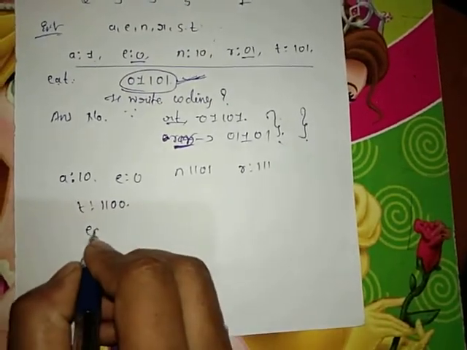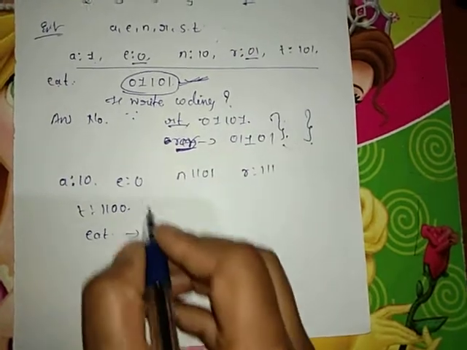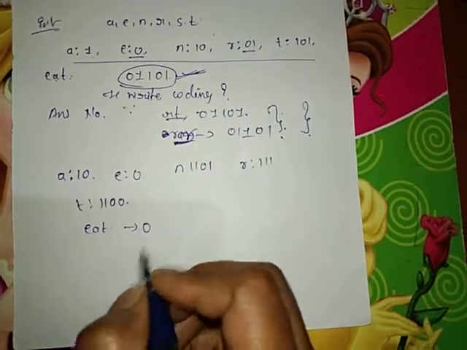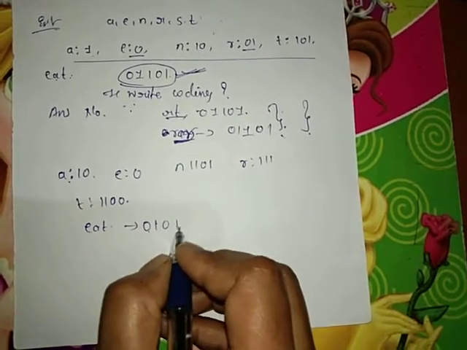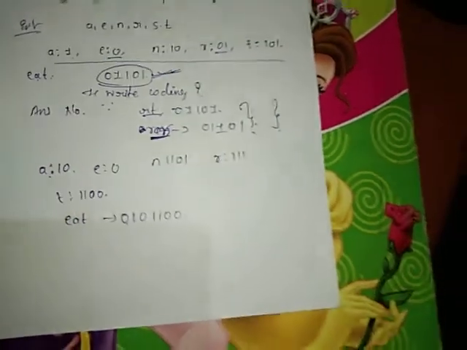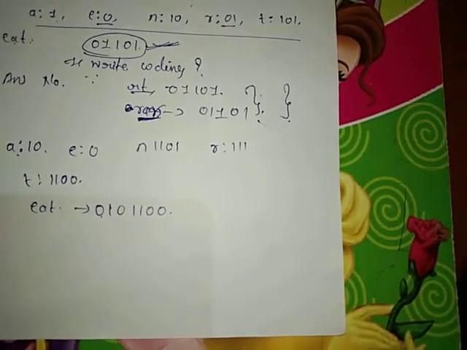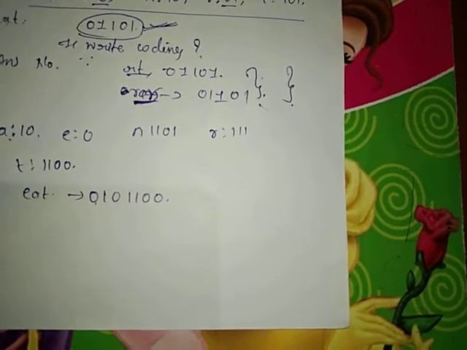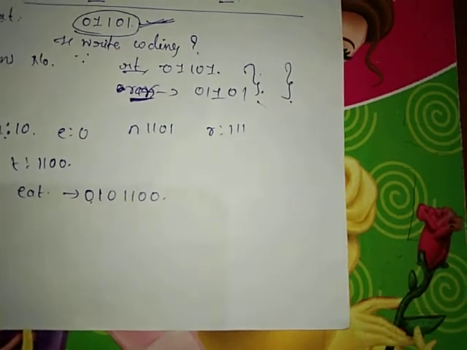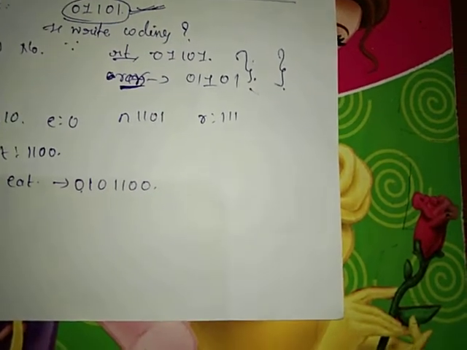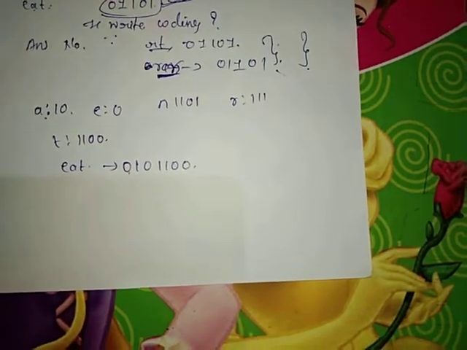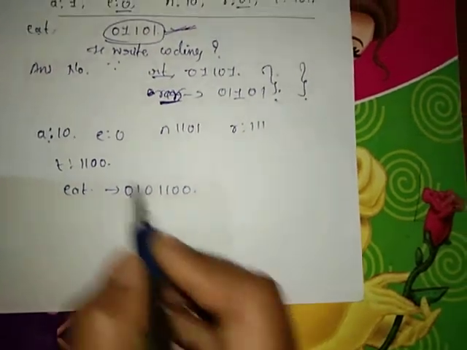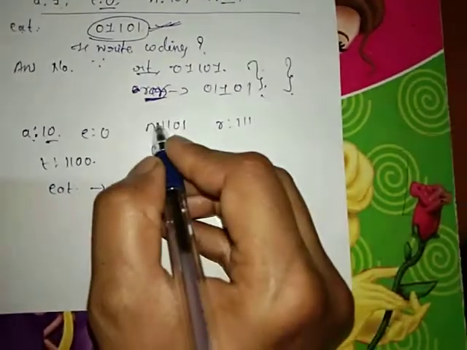Now form the word EAT: E has the sequence 0, A has the sequence 10, T has the sequence 1100. Now we can check that when this sequence is decoded, it yields only EAT, no other message. We have to consider sequences which do not yield any other messages.